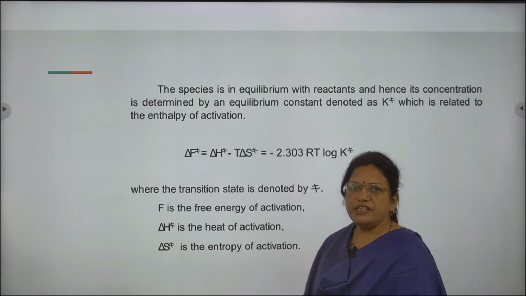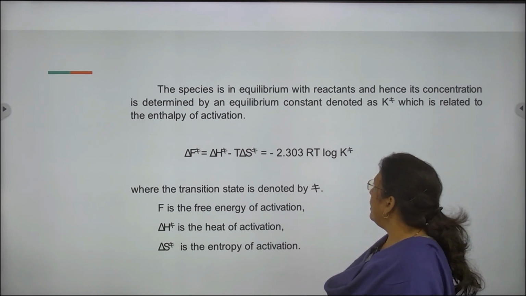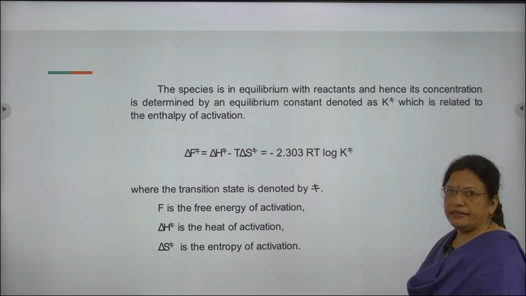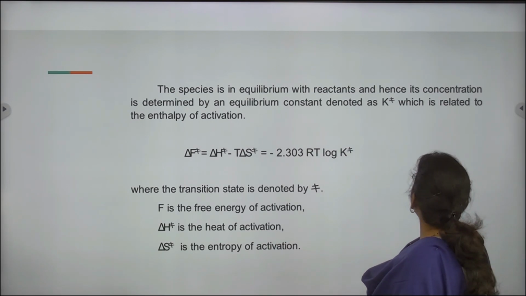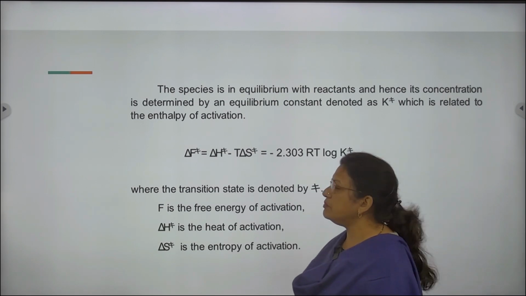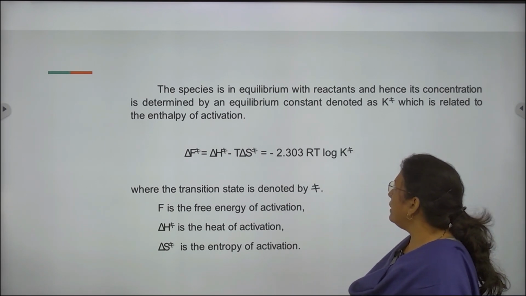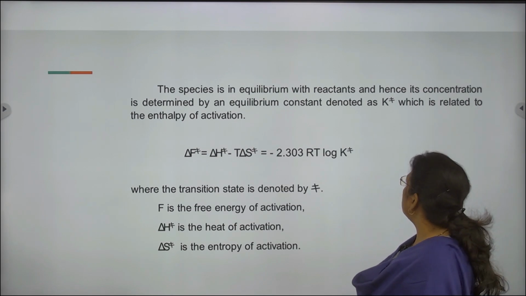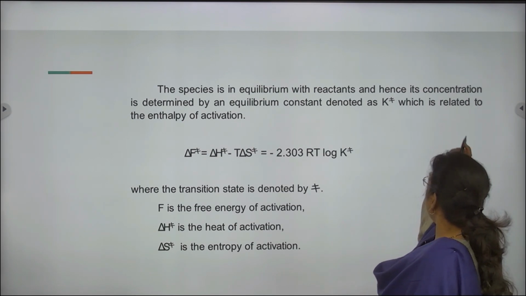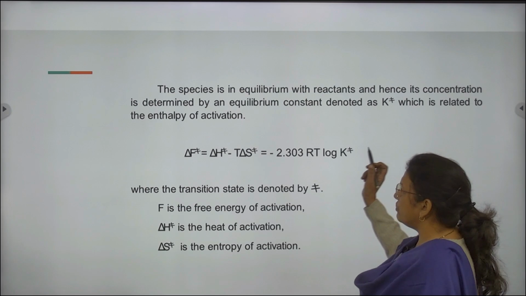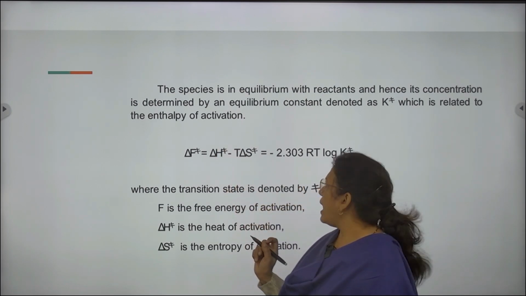The species is in equilibrium with reactants and hence its concentration is determined by an equilibrium constant denoted as K‡, which is related to the enthalpy of activation.